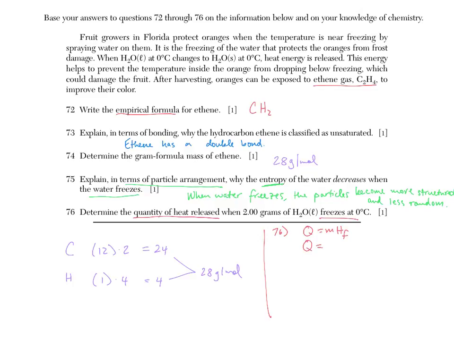The mass is given to us as 2 grams. Hf you have to look up on the reference table, on the front page, Table B. Hf is equal to 334 joules per gram for water, and since we're talking about water, it's the appropriate number to use. So 2 times 334 gives us our answer, 668 joules. And that's our answer for 76.